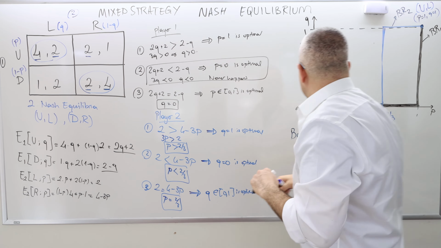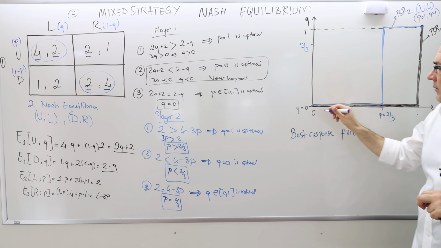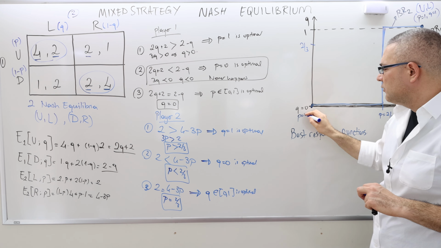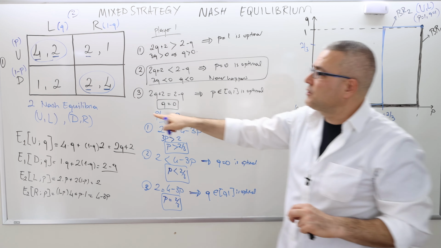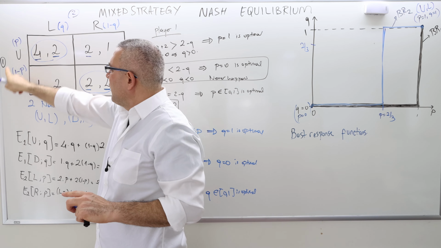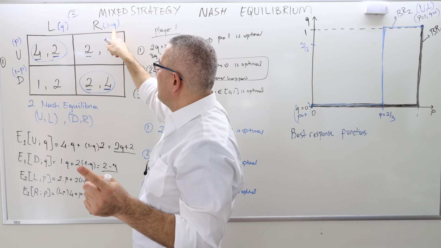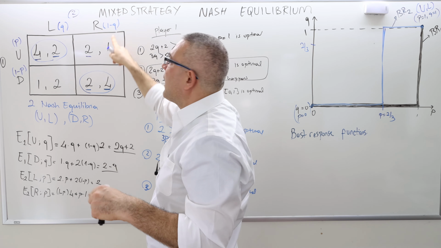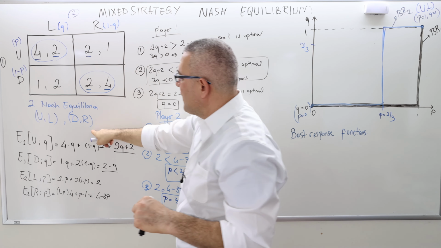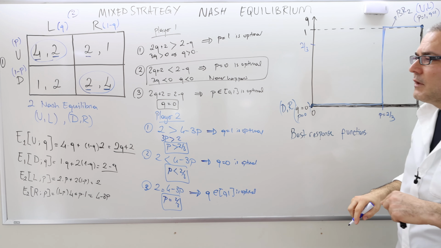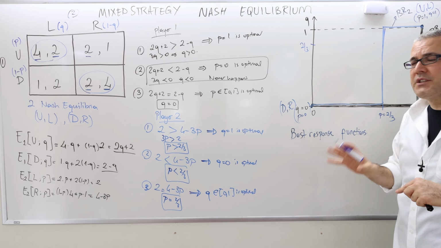Another intersection point is Q equals 0, P equals 0. When P is 0, it means 1 minus P is 1, so D, and when Q is 0, it means R is played with probability 1. So DR is the other Nash. These were the two pure strategy Nash equilibria.